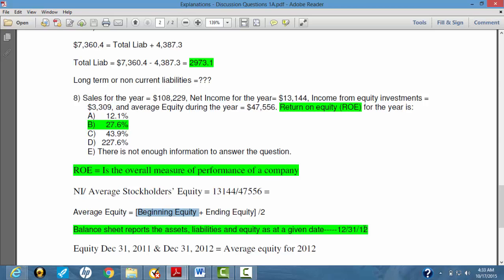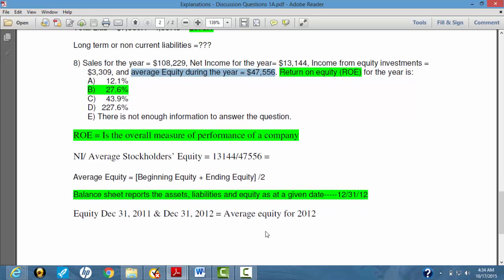That is, for example, January 1, 2015. Now in this question, we are given the average directly. So all we do is we use net income and divide it by average equity. And once we do that, we get 27.6%. That is 13,144 divided by 47,556.